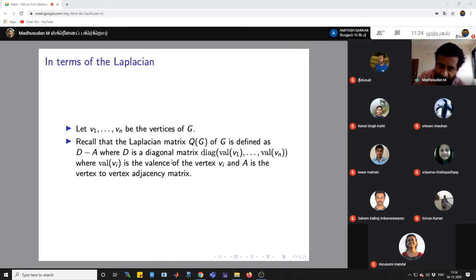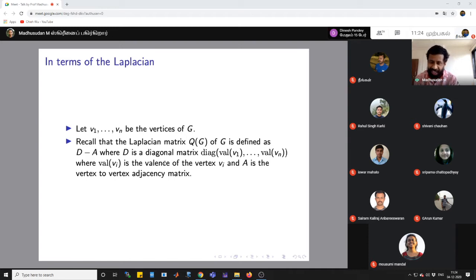This Laplacian matrix of the graph, which we write as Q of G, is defined as D minus A, where D is a diagonal matrix, which I'll explain in a second. And A is our well-known vertex to vertex adjacency matrix of the graph. It's an n cross n matrix, where in the ijth entry you simply have the number of edges between vertex Vi and vertex Vj.